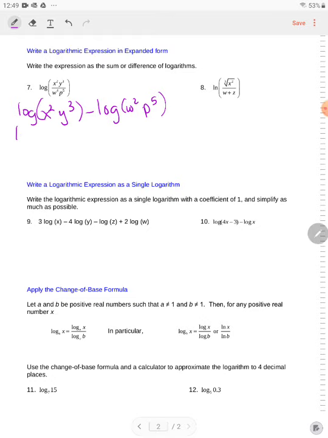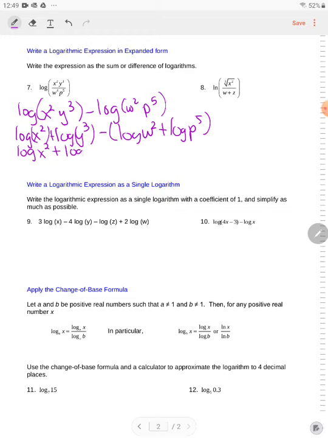So this becomes log of x squared plus log of y to the third power minus, and this is log of w squared plus log of p to the fifth. So what happens here is that the negative sign distributes. So this becomes log of x squared plus log of y cubed minus log of w squared minus log of p to the fifth power.